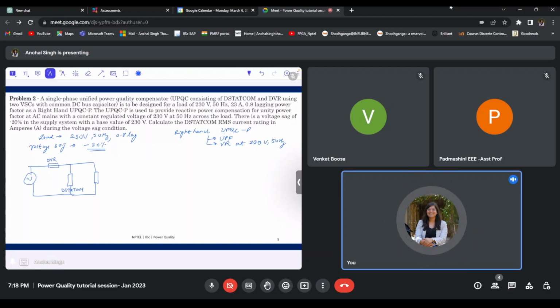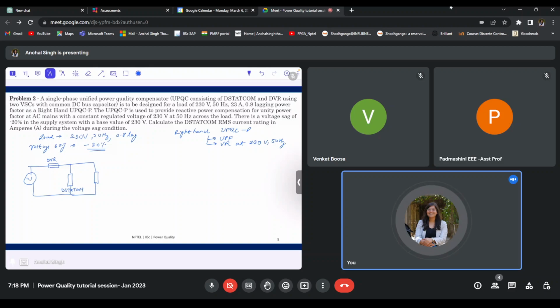That means D-STATCOM has to take care of the reactive power as well as active power, so D-STATCOM will have two components. Since it's a 0.8 lagging power factor, it has to take care of the reactive part of this current. That will be called the reactive part of the D-STATCOM. And the active part of the D-STATCOM will correspond to the active power that is flowing through the DVR, which will be the active component.